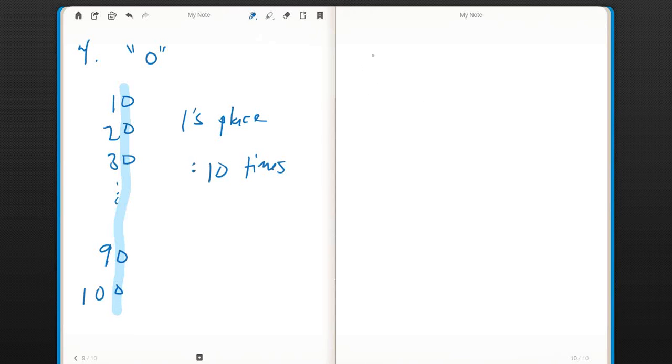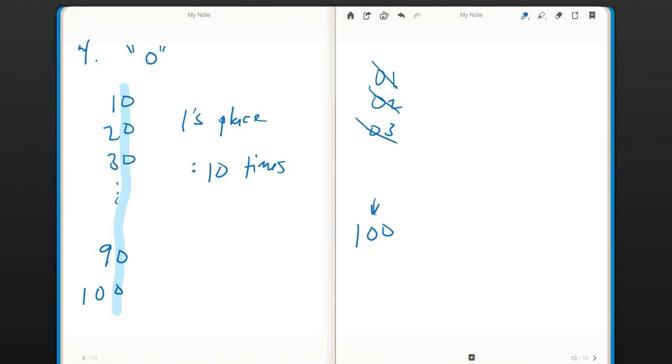Then we want to think about 0 in the tens place. Well, the interesting thing is we never put a 01, 02, 03. When the 0 is in front, when it's a leading digit, you never put it in the tens place. So the only other time you have it in the tens place is in the number 100. So that happens one more time. And of course, from 1 to 100, you do have a 3-digit number, but of course the 0 is not there.